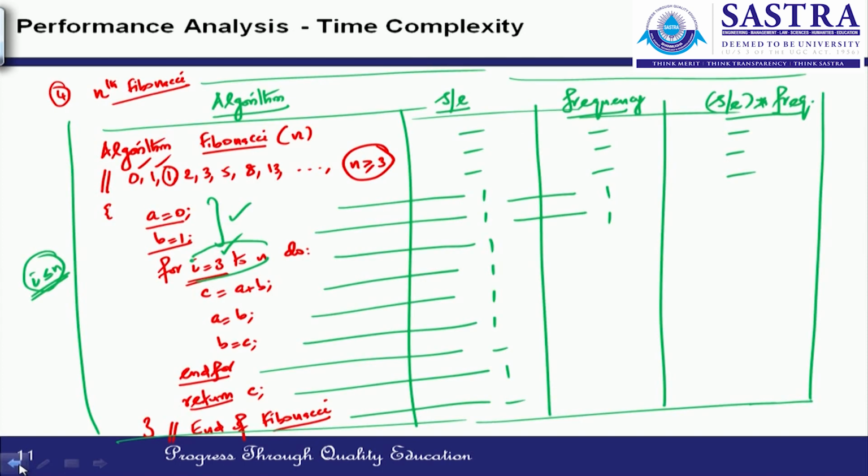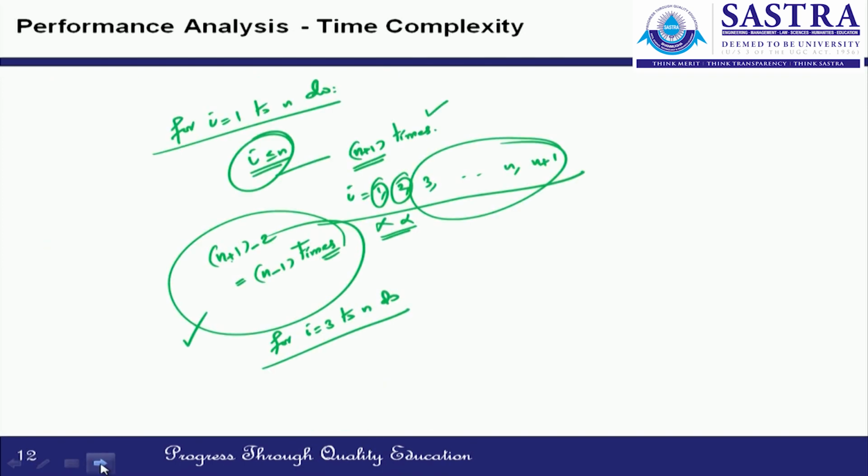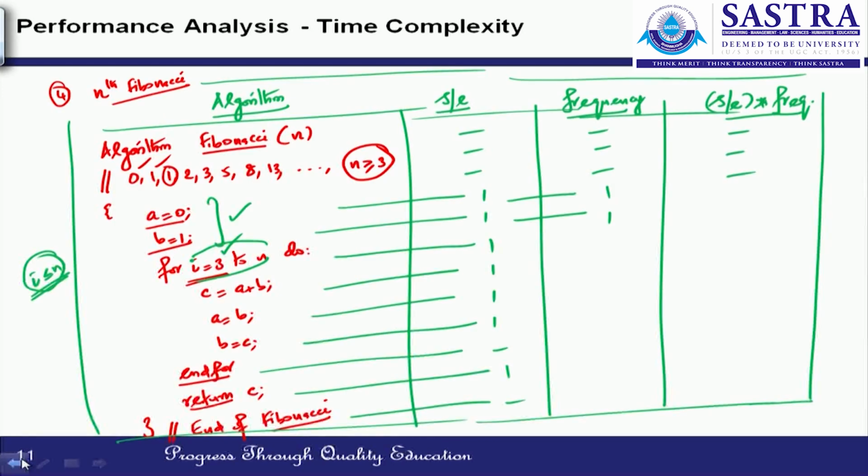So putting here, for i is equal to 3 to n, the execution is n minus 1 times, writing here n minus 1. If the for condition is tested for n minus 1 times, clearly the part of for is executed one less than the for loop execution.